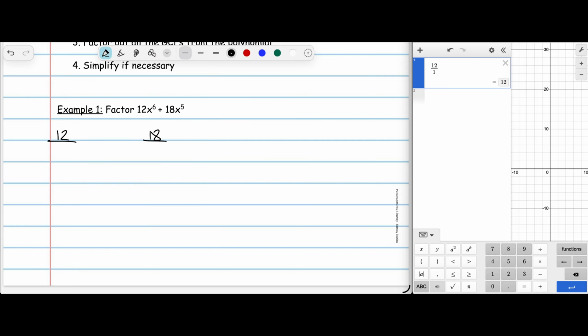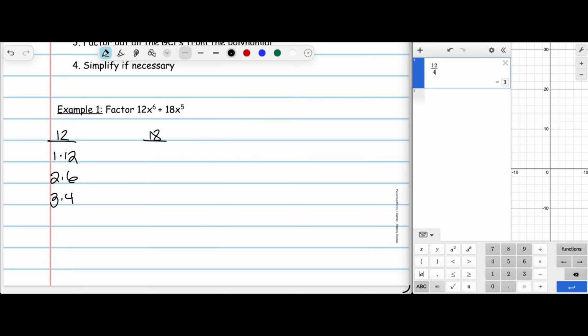So that's going to be 1 times 12. Try 2, that'll give me 2 times 6. Try 3, that'll give me 3 times 4. And let's try 4. Now, if we do 4, you notice that it's actually repeating 3 and 4. It's just backwards. So when we notice that the numbers are starting to repeat, we can stop. So those are all the numbers that I can use that multiply to give me 12.